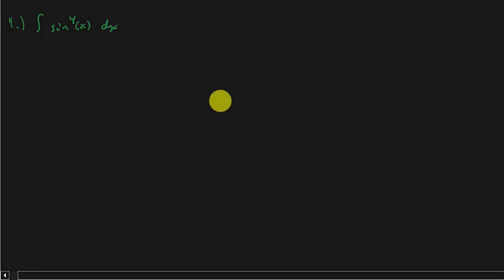Well, we know the half angle identity is sine squared x is equal to 1/2 times 1 minus cosine 2x. Well, I don't have sine squared. So this sine to the 4th, I'm going to need to rewrite as sine squared x, squared dx.